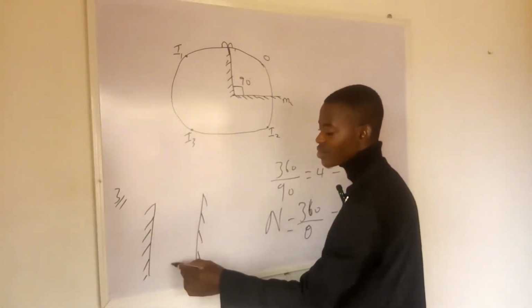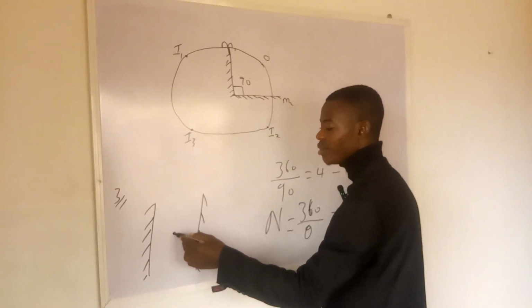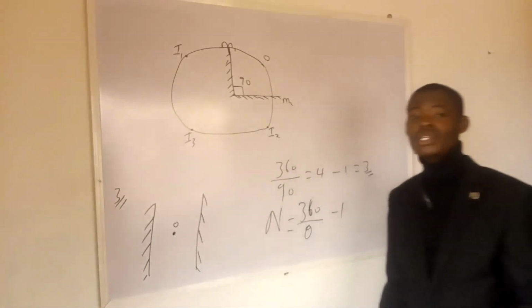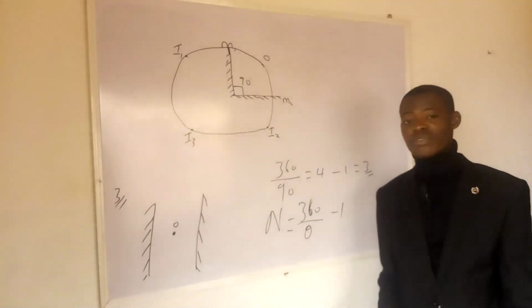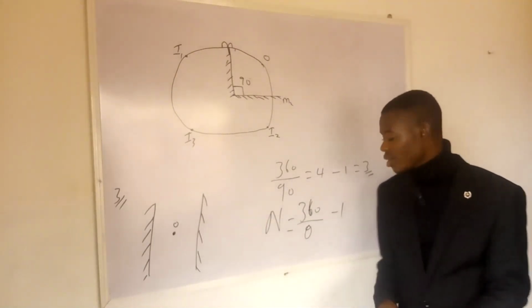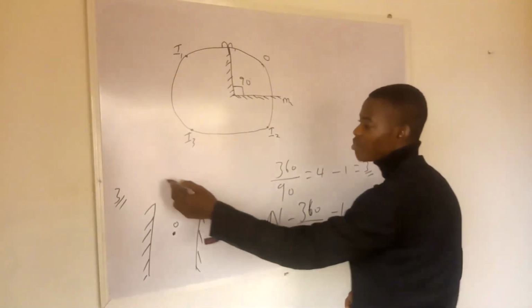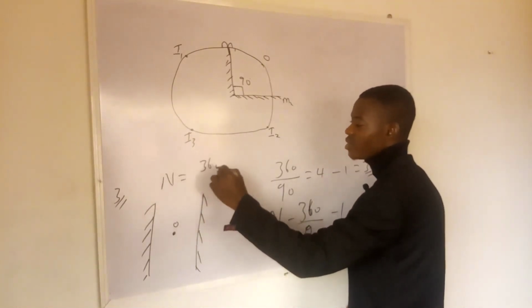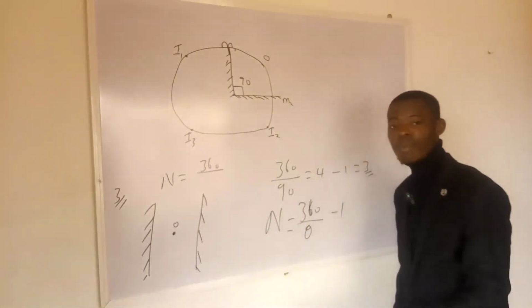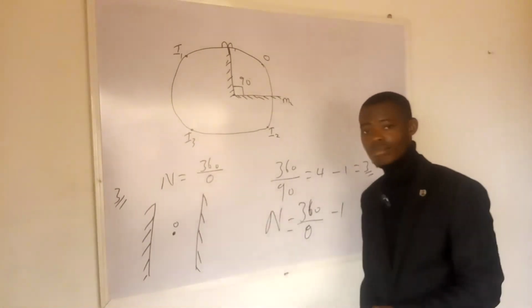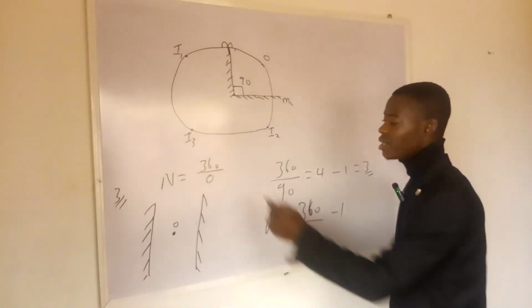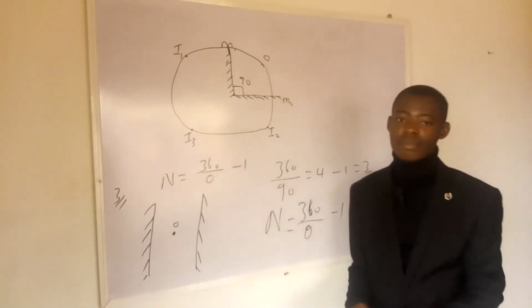And if the object is somewhere in between them, how many images will be formed? Since we have the formula already, that can help us out. So in this case, n equals 360 over theta, minus 1. Now, when two things are parallel, what will be the angle between them? It should be 0 because they subtend nothing.